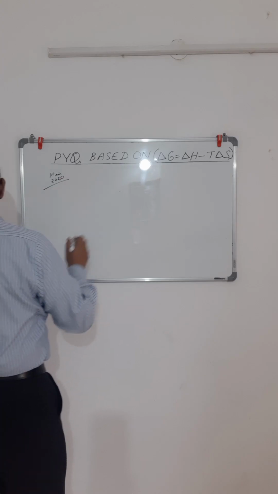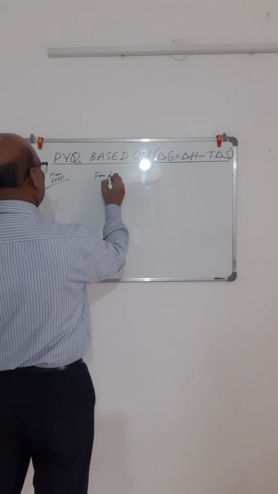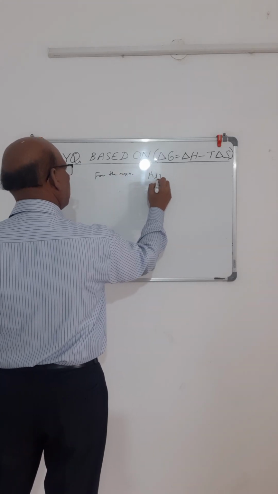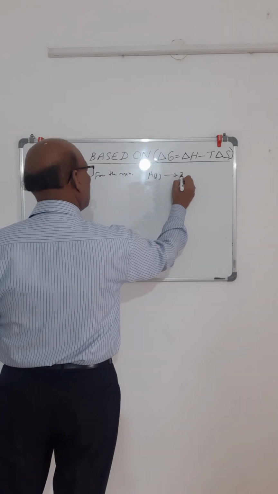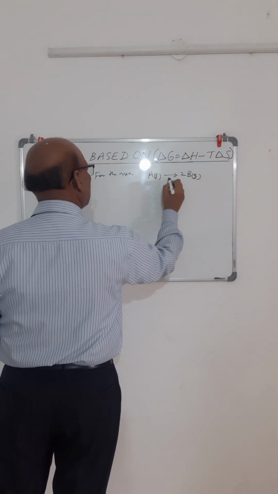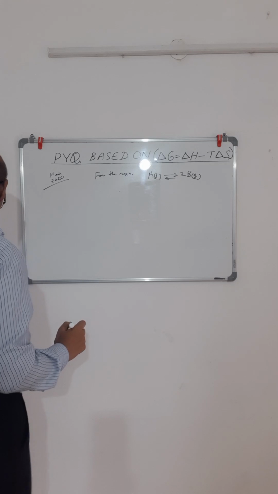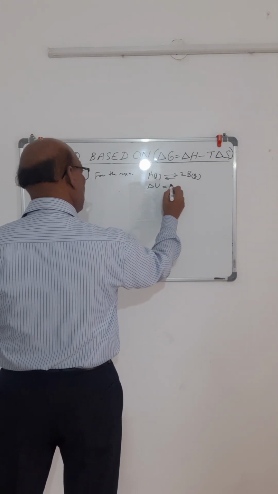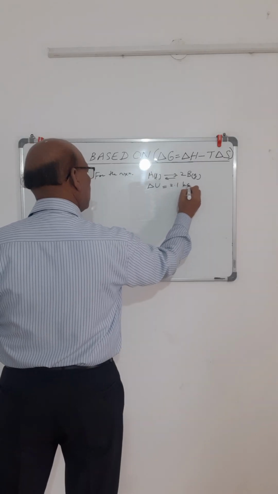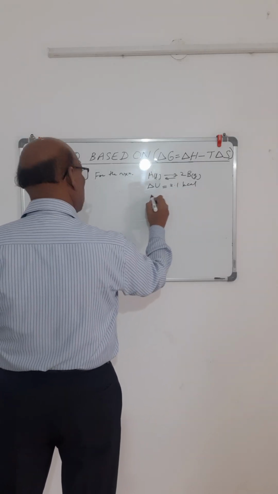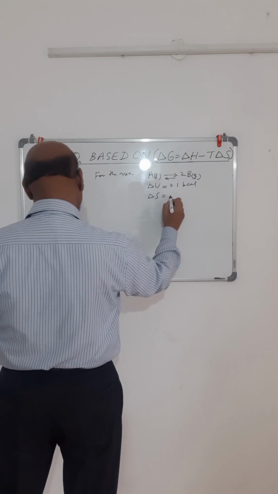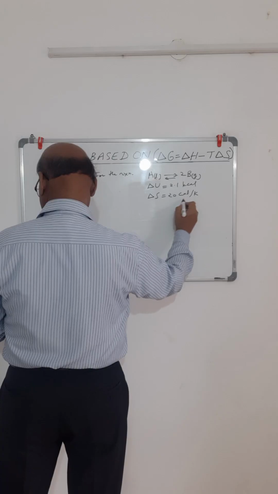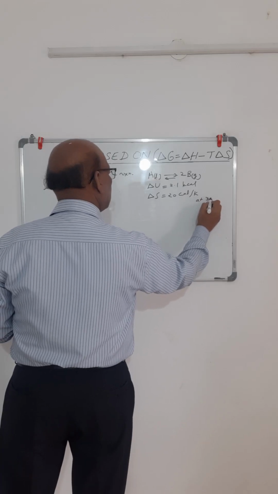The question says that for the reaction A liquid gives 2B gas, delta U is given as 2.1 kilocalorie and delta S is given as 20 calorie per Kelvin at 300 Kelvin.